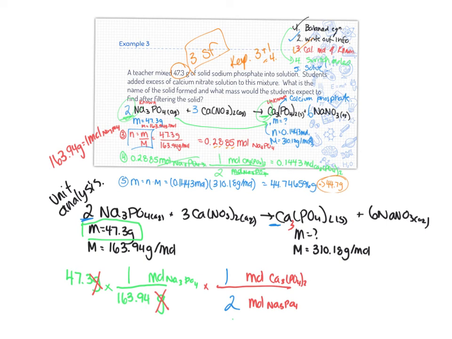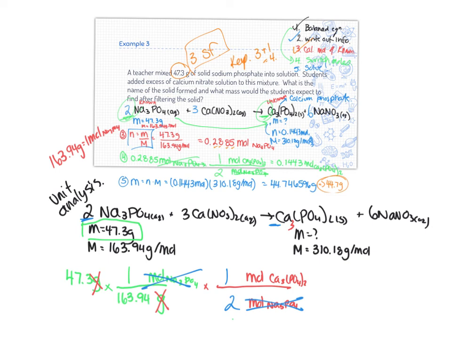Notice that moles of sodium phosphate cancel. The only unit I'm left with here would be our moles of calcium phosphate. And that was our second step. So what we're doing is we're using units to go through our steps rather than formulas.